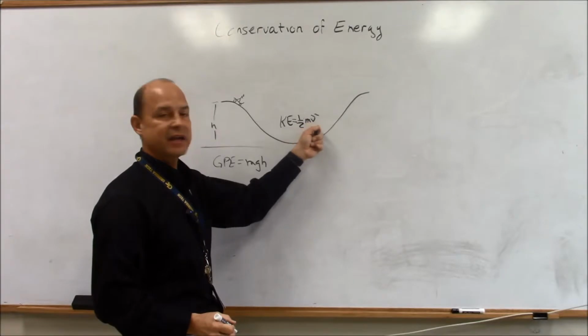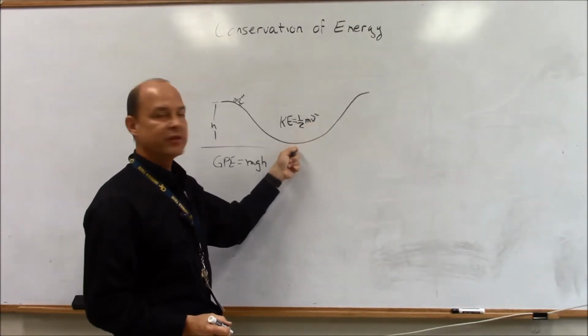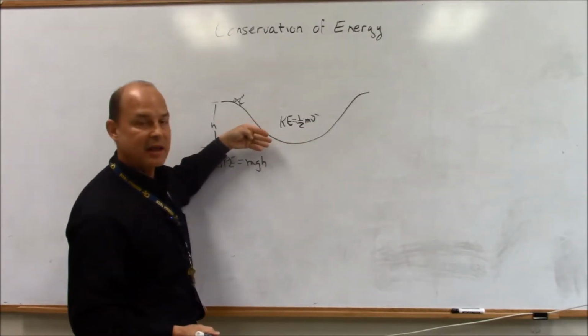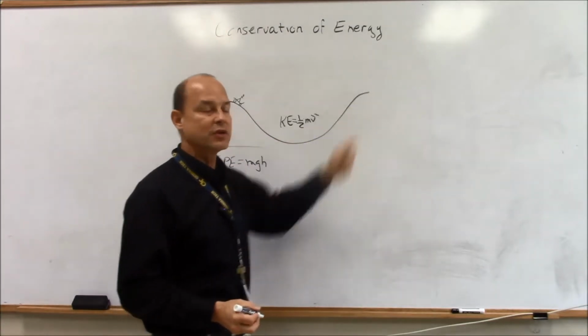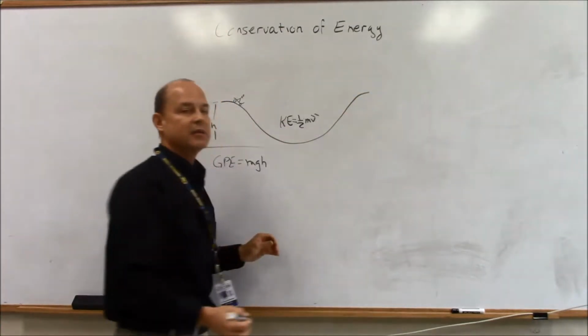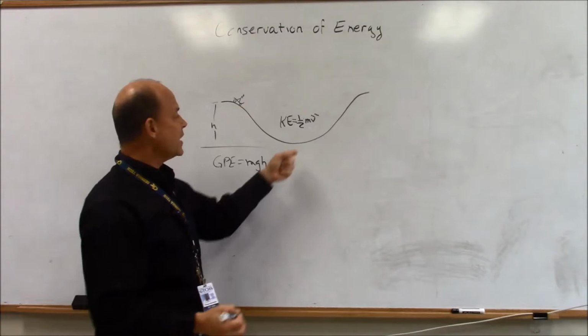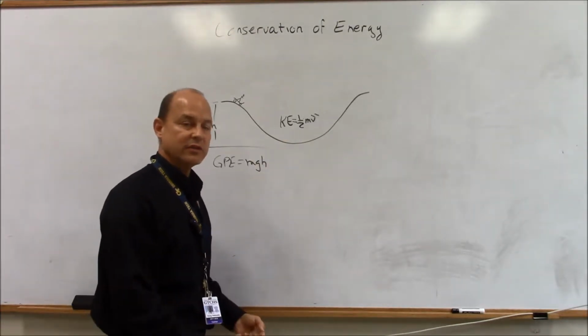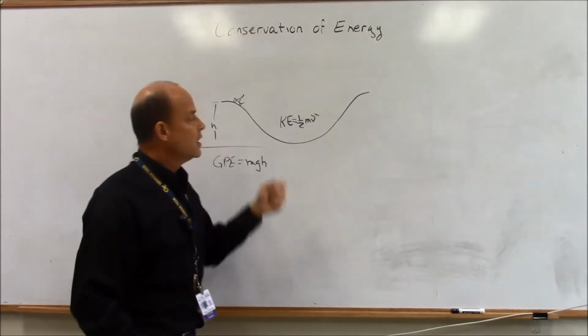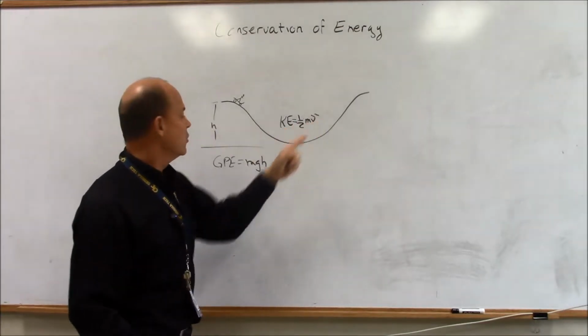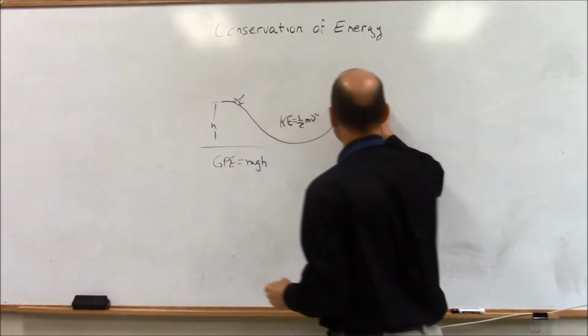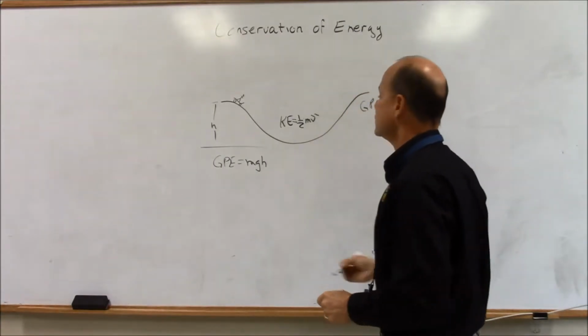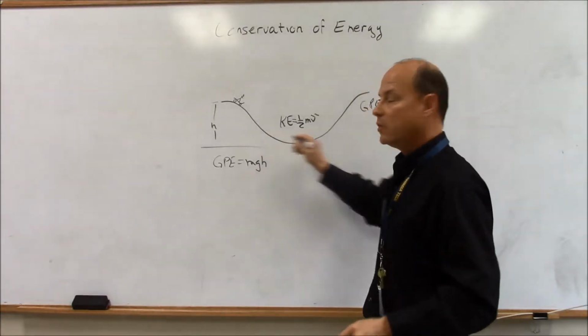So he maxes out his speed when he's at the bottom of the ramp. But all that speed can then be used to carry him up to the other side of the skate park. And guess what? If there were no losses in the system, if there was no friction between the wheels and the ground, all that kinetic energy would be turned back into the same amount of gravitational potential energy when he gets to this side.